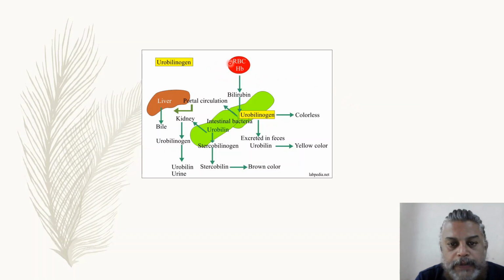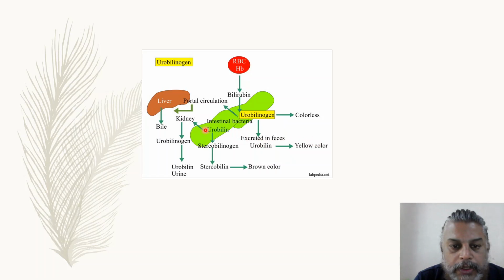This is the pictorial presentation of urine bilirubinogen which we have discussed right now. This is the liver. The bile salt is secreted from this place, and this bile goes into the intestine. In the intestine, the intestinal bacteria convert the bile into urobilinogens, and this is a colorless chemical. It is excreted in the feces, and then on oxidation it turns into the yellow color.